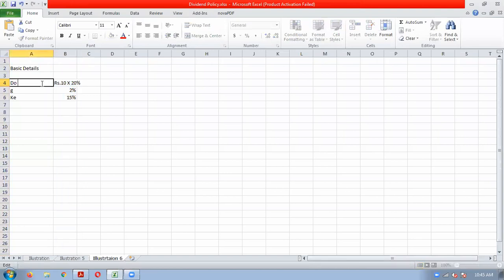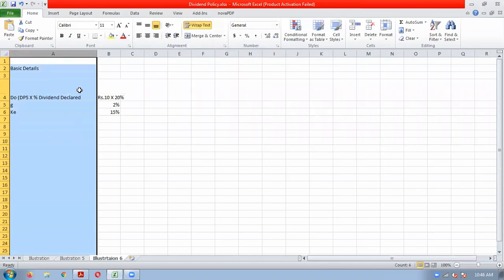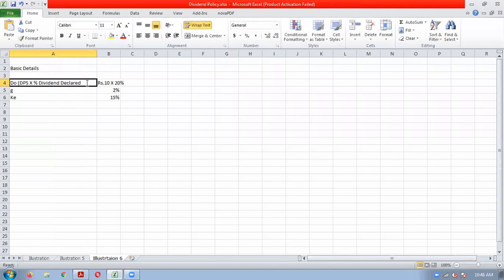Here we can write the formula: dividend per share is face value per share into percentage dividend declared.